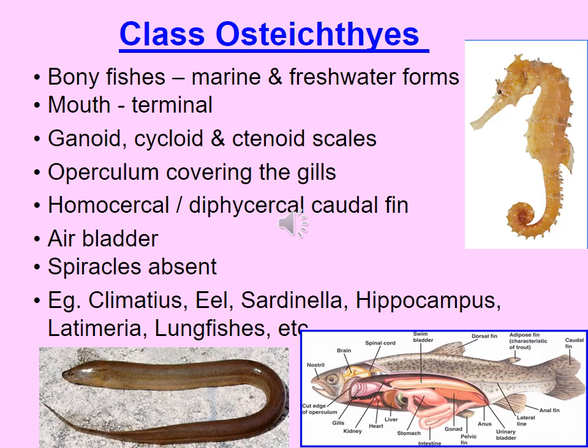The caudal fin is either homocercal or diphycercal. Presence of air bladder is noted in class Osteichthyes. The spiracles are absent. The best examples are Clarias, eel, sardinella, hippocampus, Latimeria, and the lungfishes.